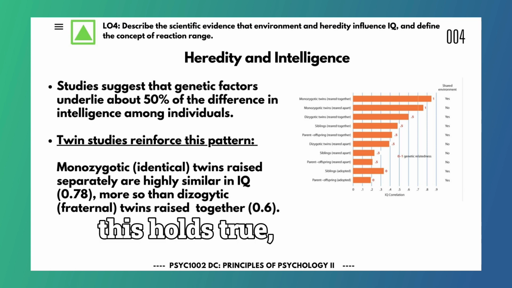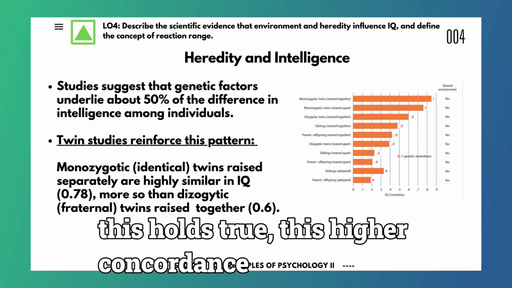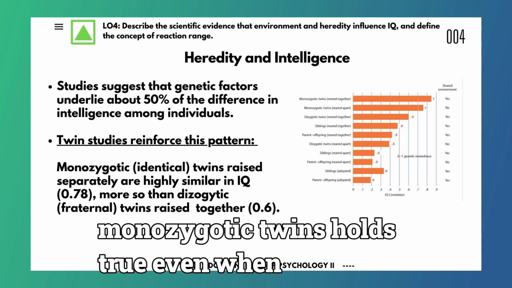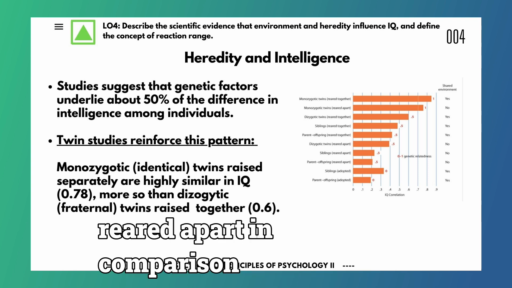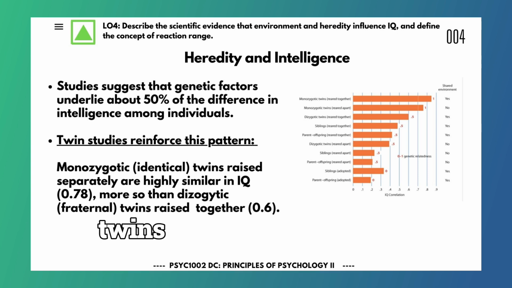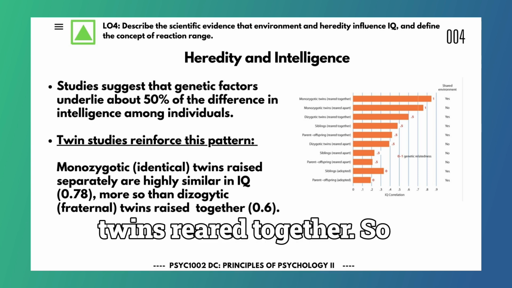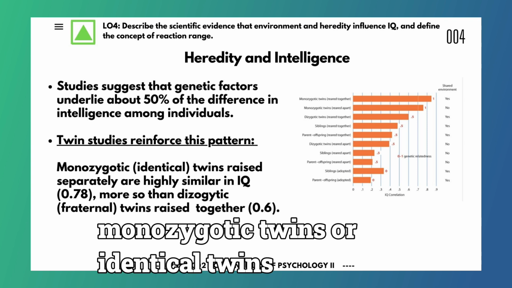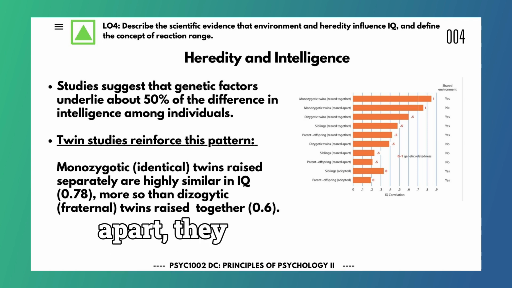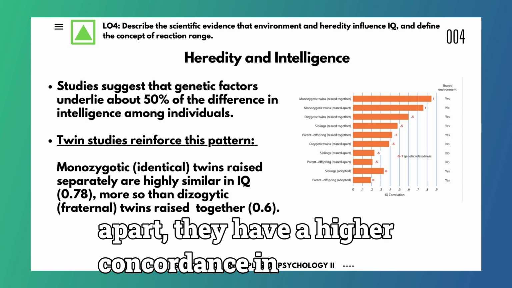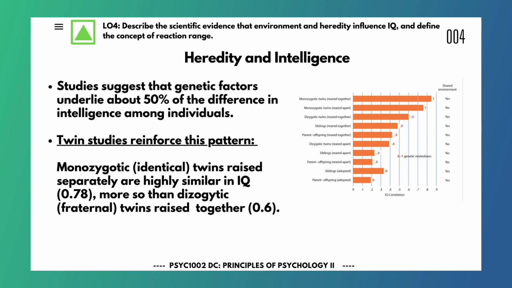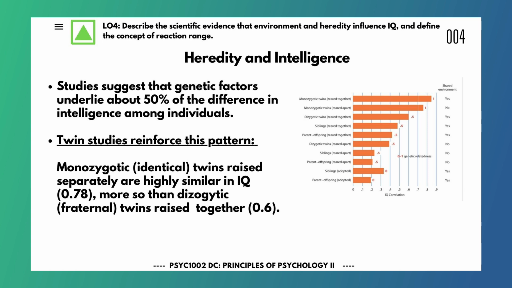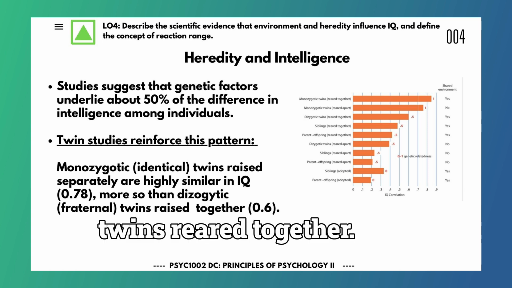This higher concordance in monozygotic twins holds true even when they are reared apart, in comparison to fraternal twins reared together. So monozygotic twins reared apart have a higher concordance in their IQ scores than dizygotic twins reared together.